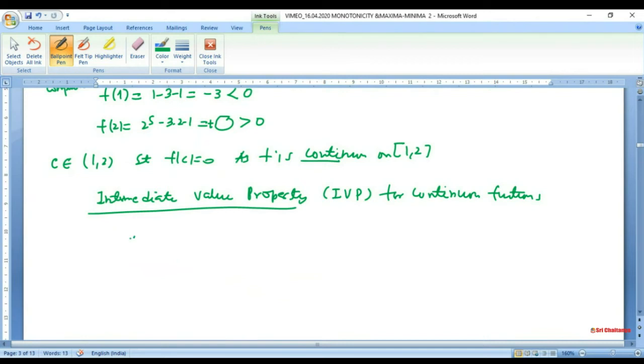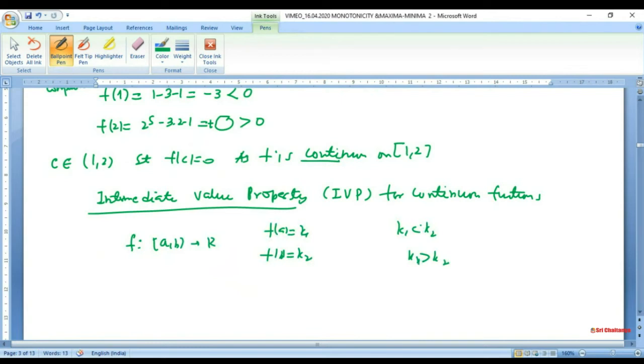It means that if a function f is continuous on the closed interval [a, b] to R, and f(a) equals k1 and f(b) equals k2, and k1 may be less than k2 or greater than k2, it does not matter.